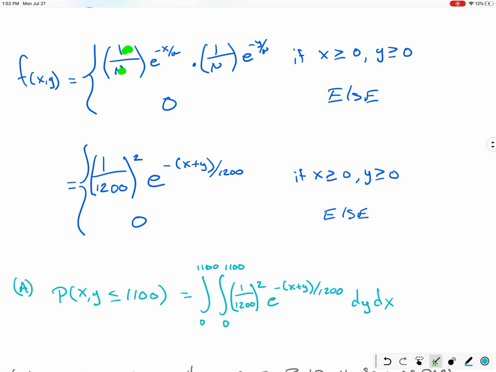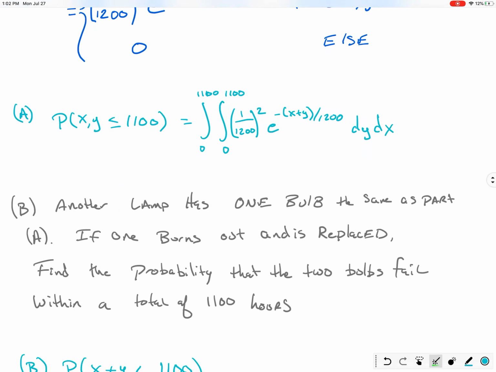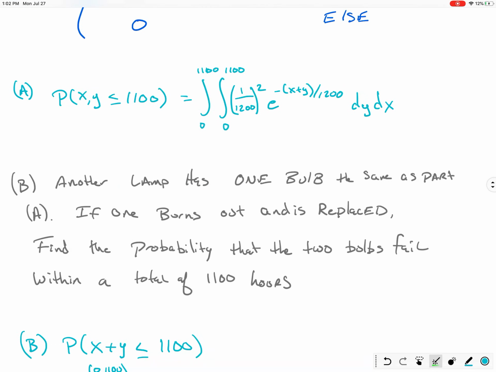So you combine the 1 over mu, so you get 1 over mu squared, and then you're multiplying e to a power and e to a power, so I can write that as e to the two parts added together, and so I get this exponent of negative the quantity x plus y all divided by 1200.